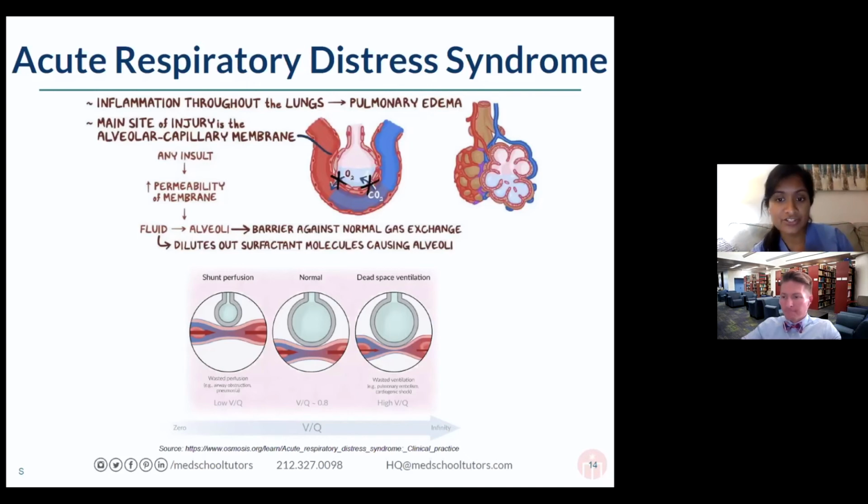And of course, just to briefly talk about what that does to the actual lung and your ability to breathe, if you have a portion of the lung that's not being used, in spite of the fact that blood is being passed through, that's when you think about a shunt.